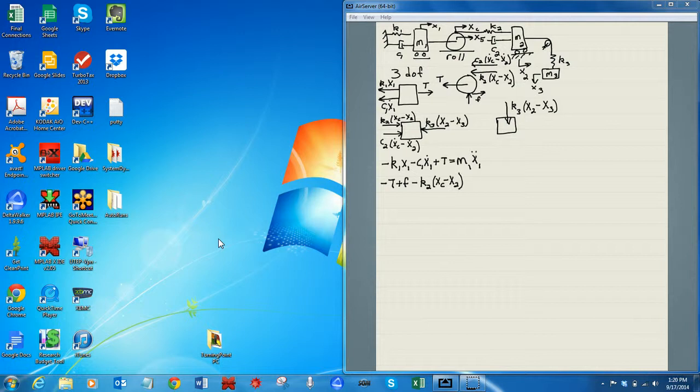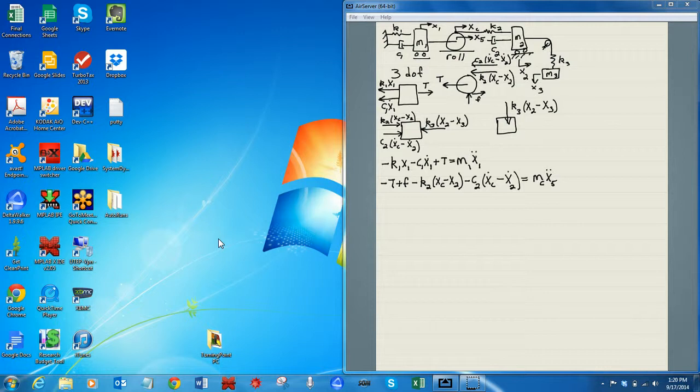Oh, and I also have a damper, minus c2 (xc dot minus x2 dot). Those are all the forces, so that equals the mass of the cylinder, we'll call it MC, times the acceleration of the center of mass. I've labeled that as x5, so this would be x5 double dot.